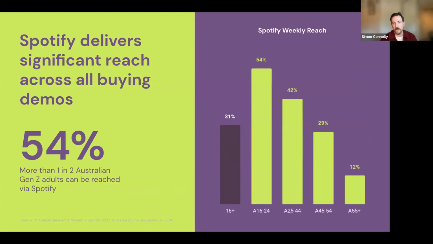And because we're discussing the ad-supported or the free version of Spotify, you may think that this audience is limited to just one demographic, perhaps 16 plus. But as you can see here, no matter your target audience, you are able to reach them on Spotify. This includes that much coveted Gen Z market. Currently, more than 1 in 2 Gen Z adults can be reached in Australia through Spotify.